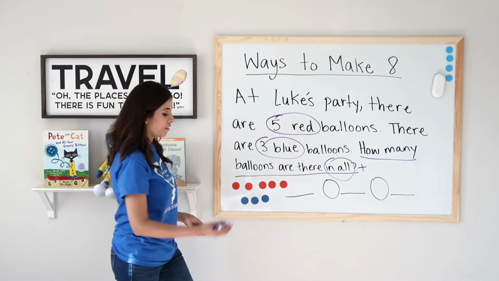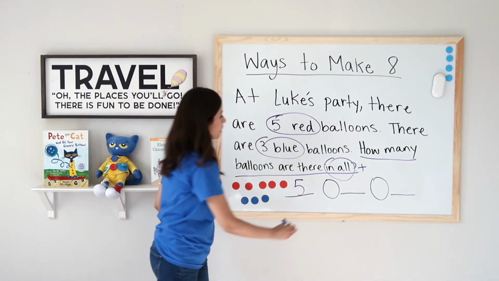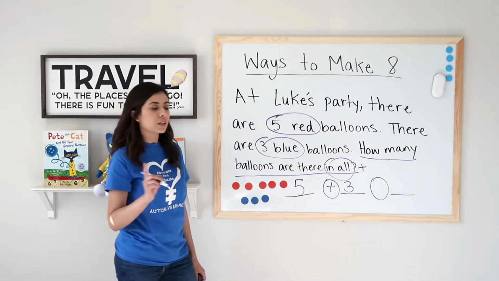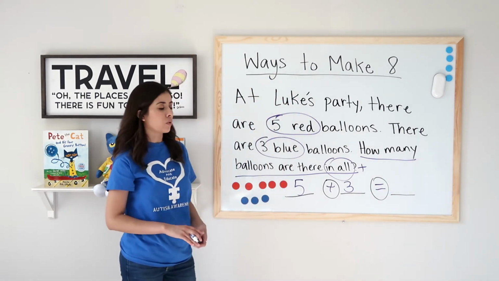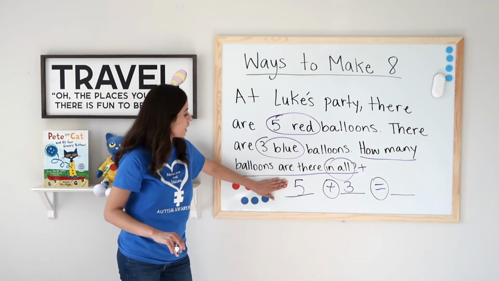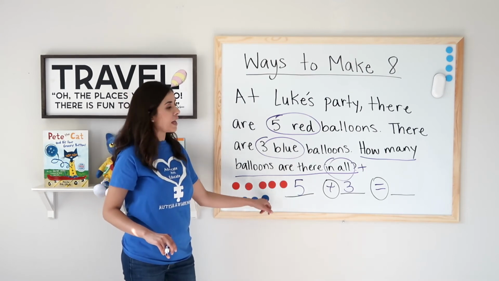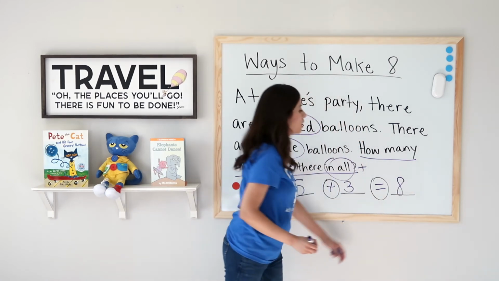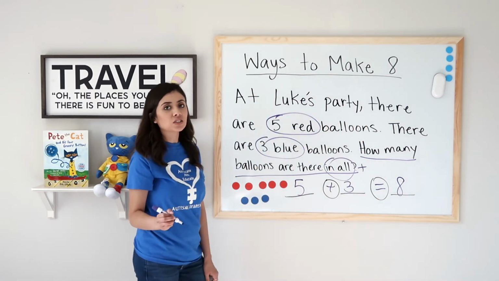So I have 5 red plus 3 blue equals, or is the same as, how many total? Let's count. 5 red plus 6, 7, 8. All right? So 5 plus 3 equals 8. 8 is the sum. That is the answer.